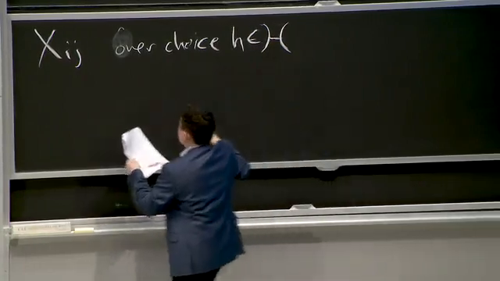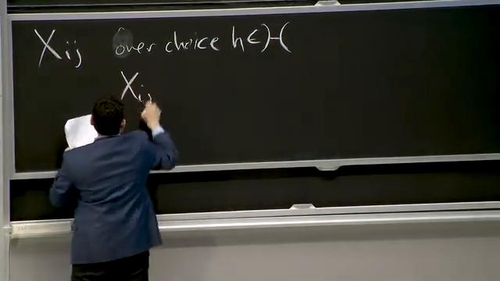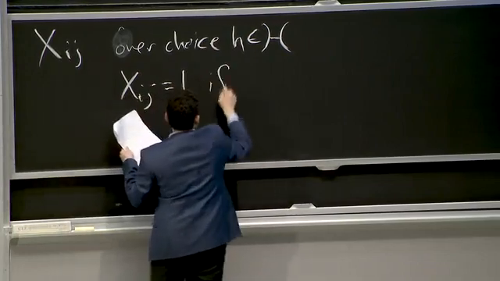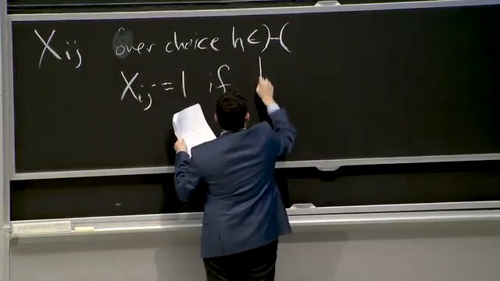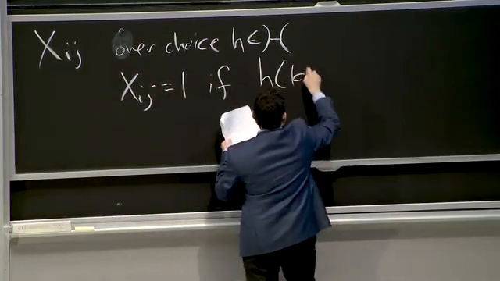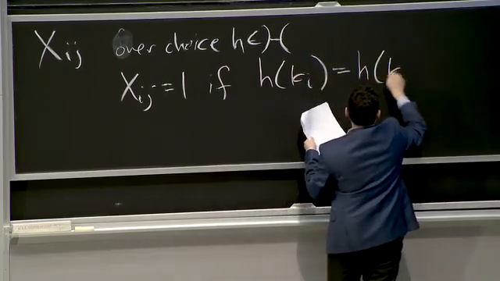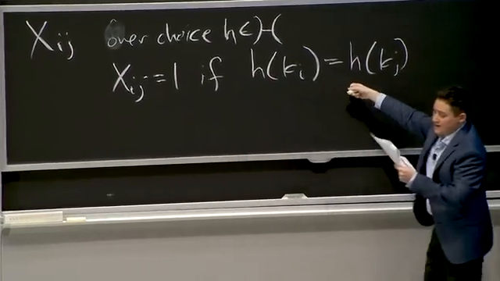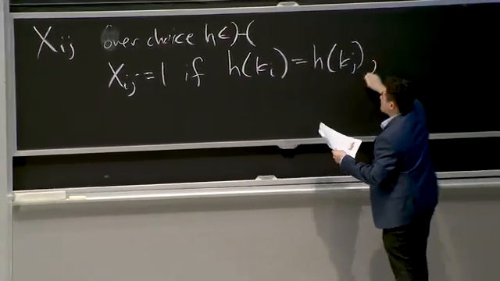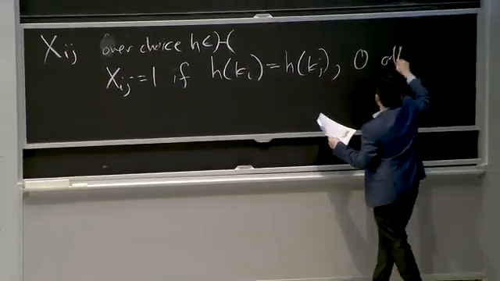And what does this mean? It means x_ij equals 1 if h(k_i) equals h(k_j). These things collide, right? And 0 otherwise.